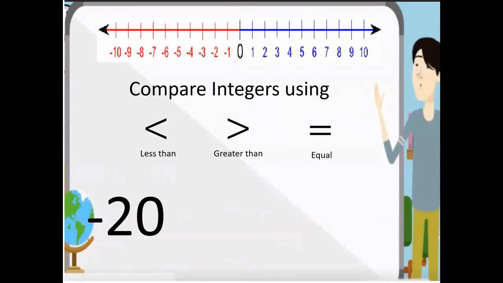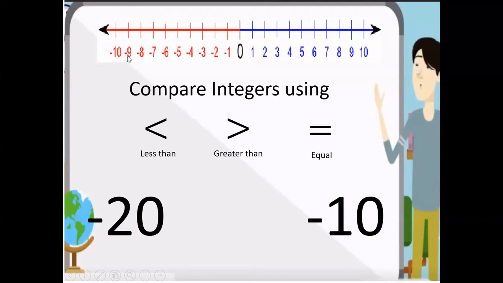negative 20 and negative 10. Which do you think is the bigger number? Yes, it's negative 10. If you try to extend this number line, it's gonna go through negative 11, negative 12, till negative 20.